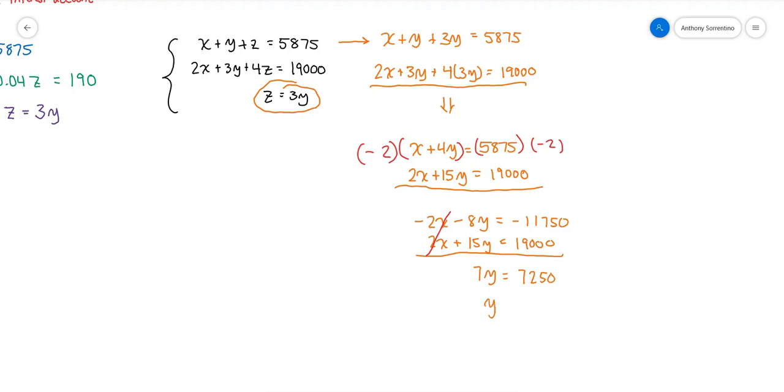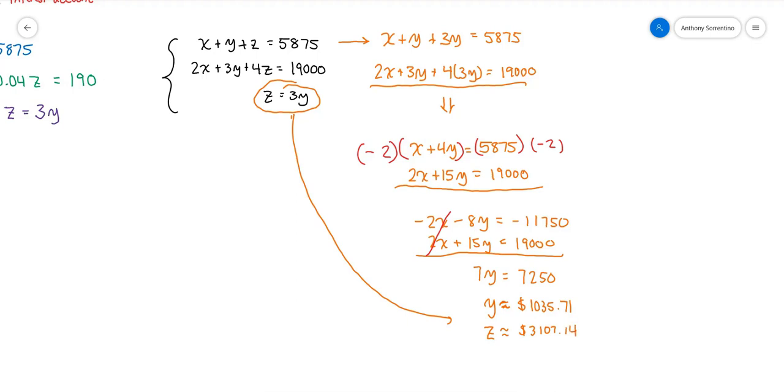When I divide both sides by 7, I get approximately $1,035.71. Now I could use the fact that z equaled 3 times y and just multiply that by 3 to get that z is approximately equal to $3,107.14.